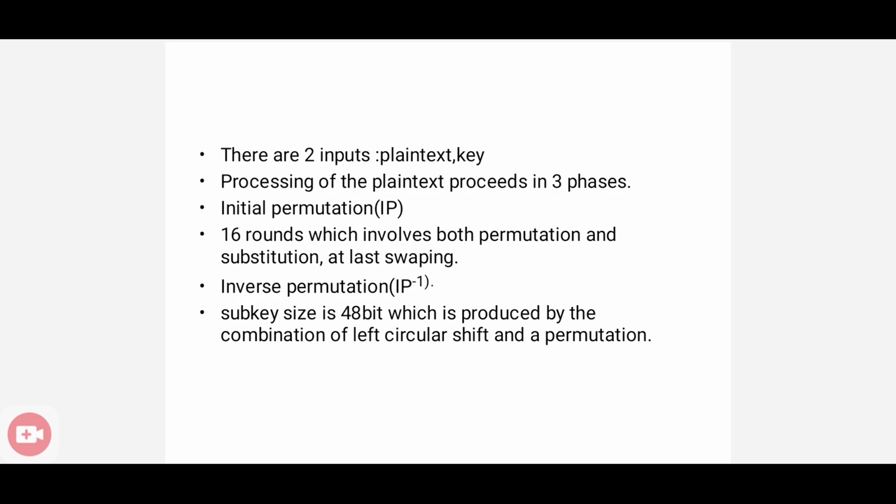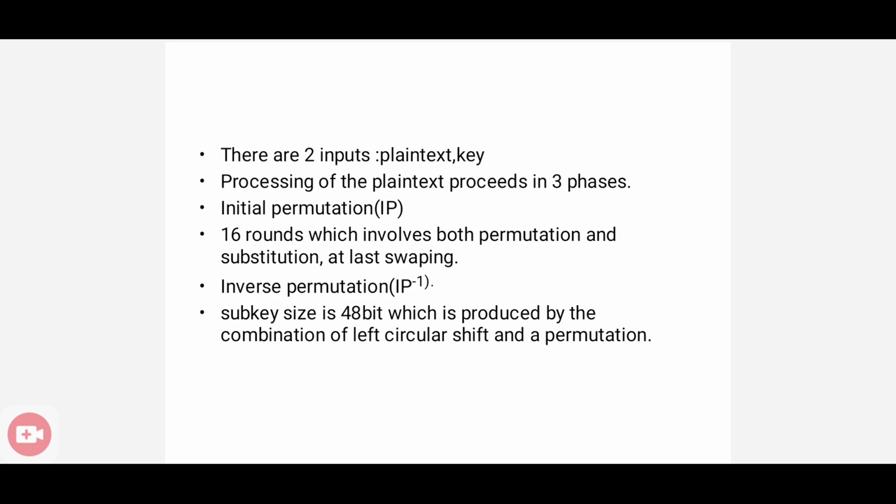Permutation means reordering, so we can reorder the plain text. After initial permutation, the second phase contains 16 rounds plus a swapping mechanism. And the third phase is inverse permutation.